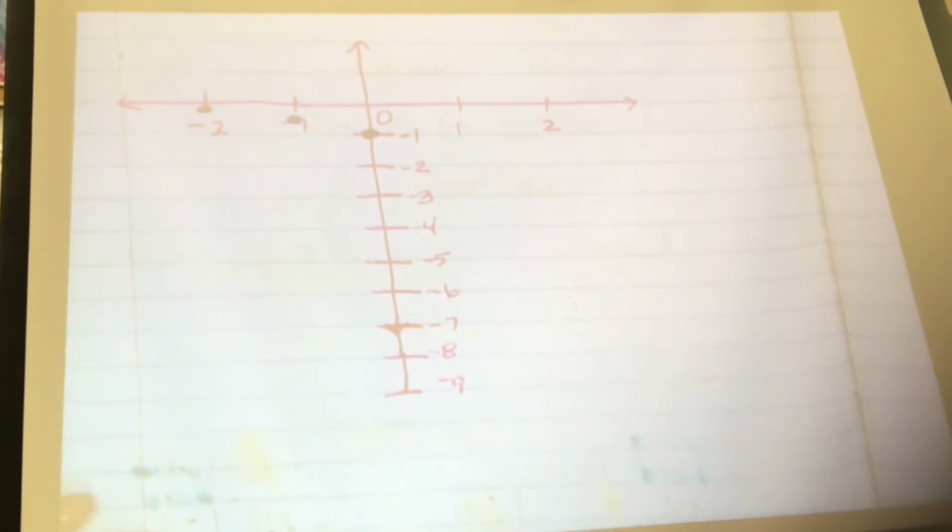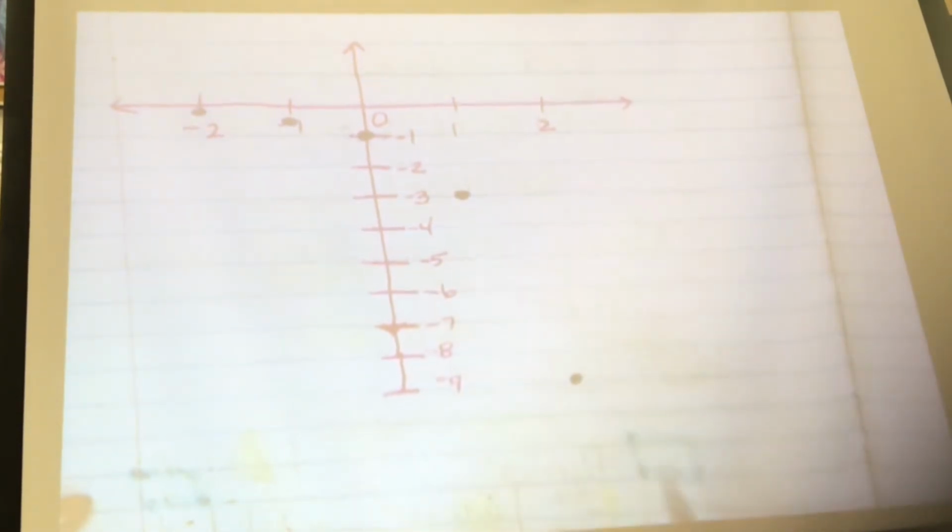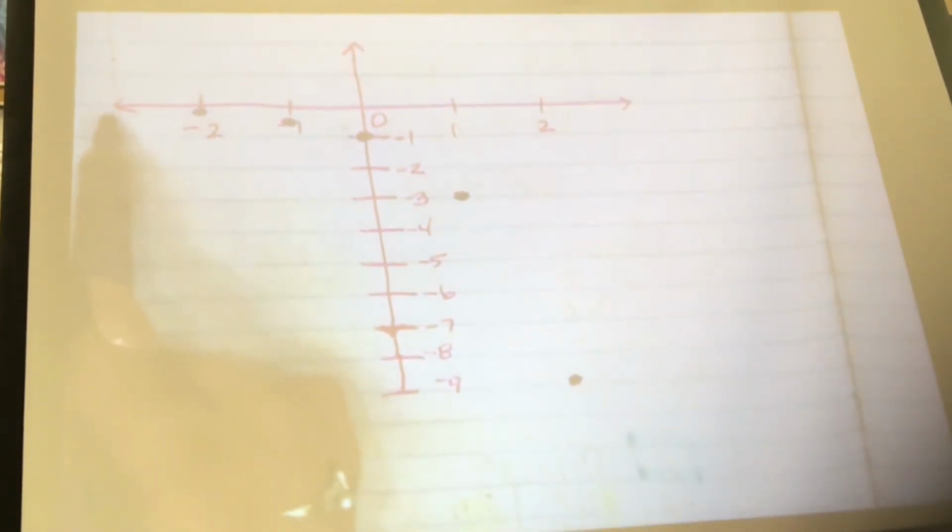Wait, 1 what? Negative 3? So 1, negative 3. Jameson, the last point? 2, negative 9. 2, negative 9. Right here. Now you connect the dots.